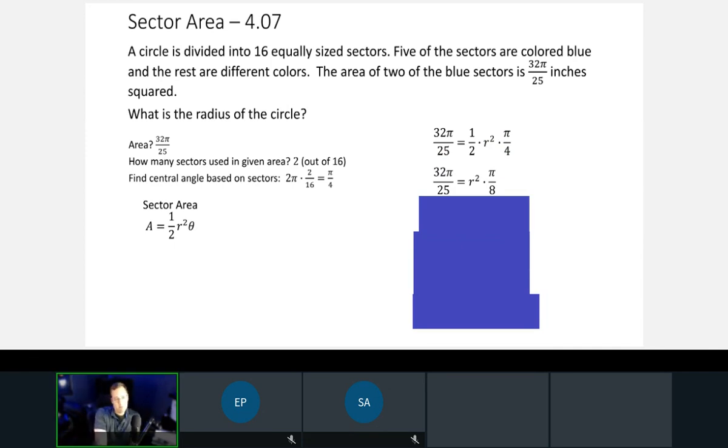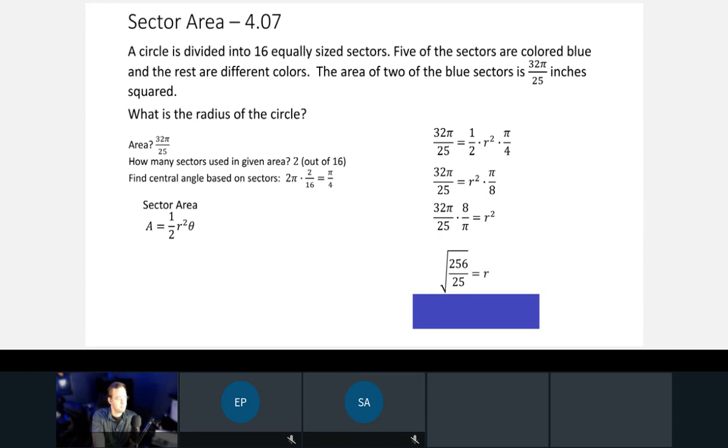From here, I would multiply both sides by 8 over pi, the reciprocal, and then take the square root of both sides. 32 pi times 8 is 256 pi, and 25 times pi is 25 pi. The pi and the pi cancel out.